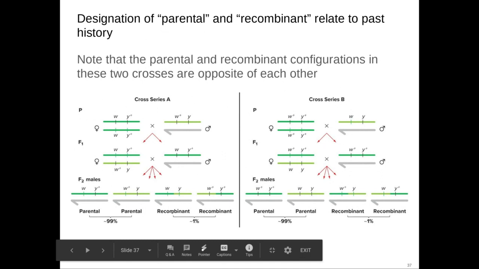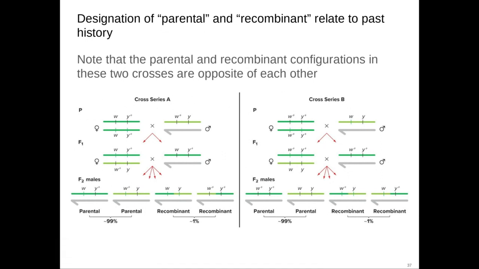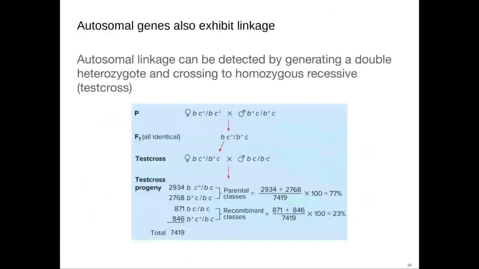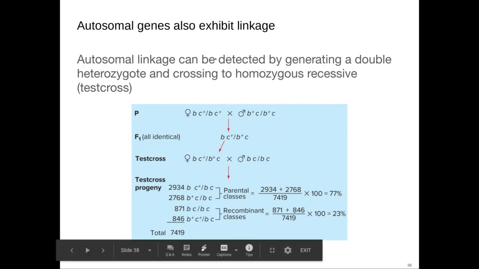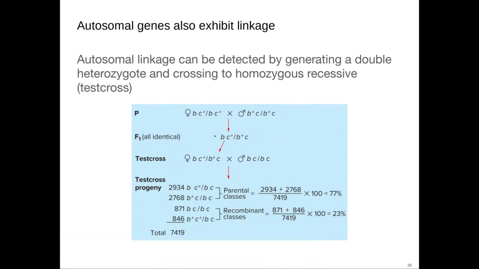Now, as we discussed, recombination happens all the time, but the probability of any given region crossing over is relatively low. So this idea of linkage, things being tied together, can also happen in autosomal chromosomes. You can detect autosomal linkage by generating what we call a double heterozygote and then crossing it with a homozygous recessive.